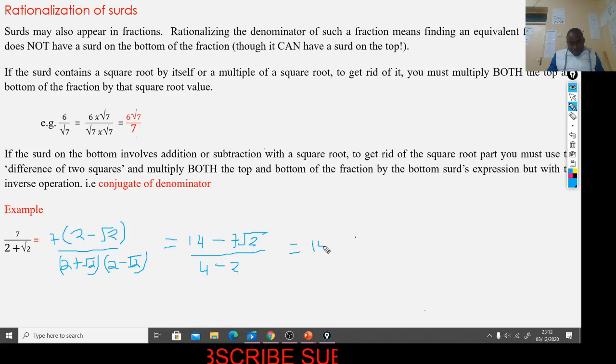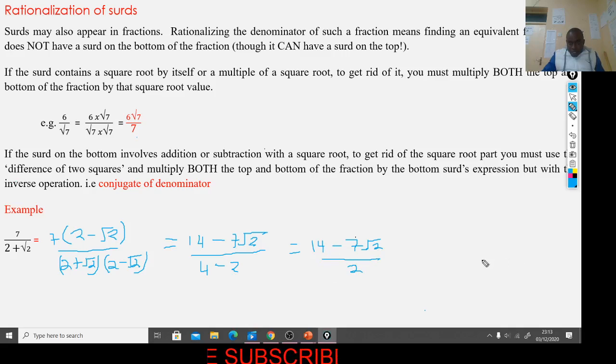So this gives you 14 minus 7 root 2, all over 2.